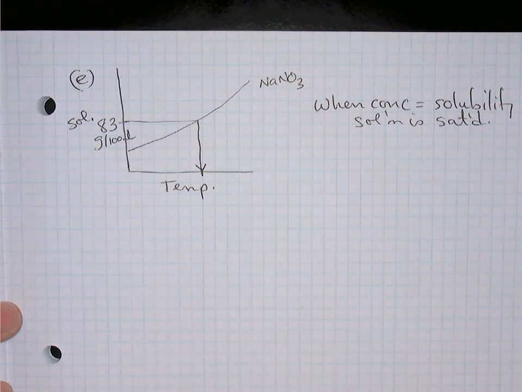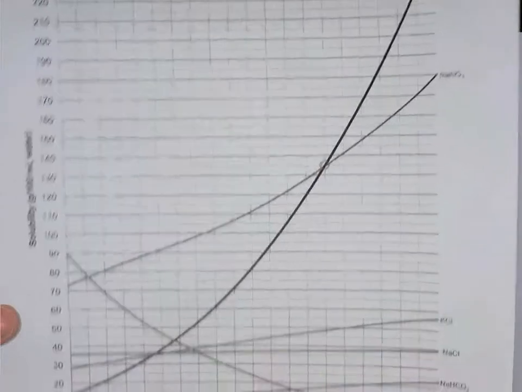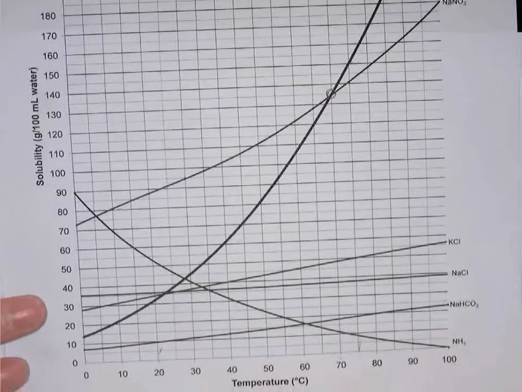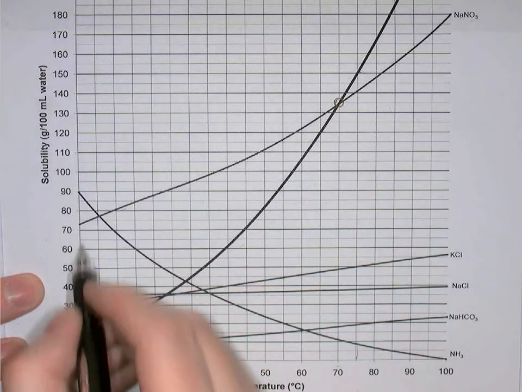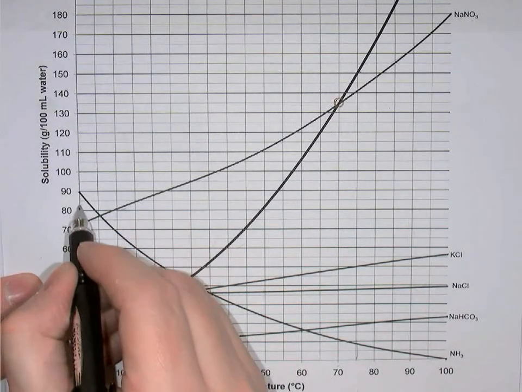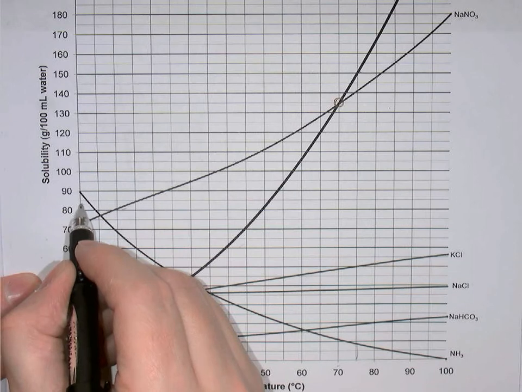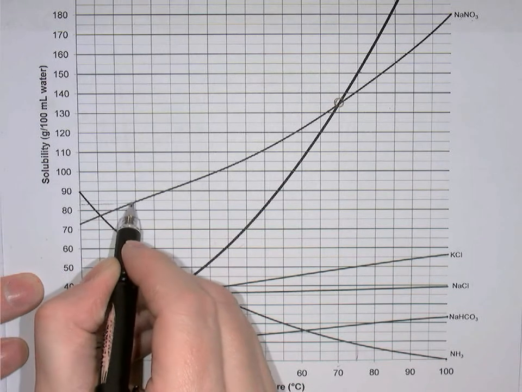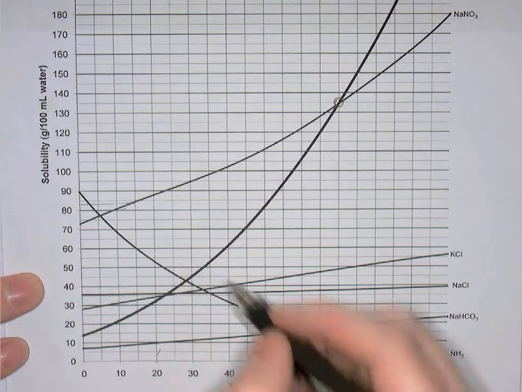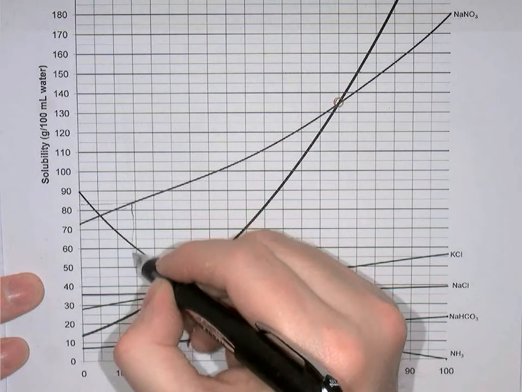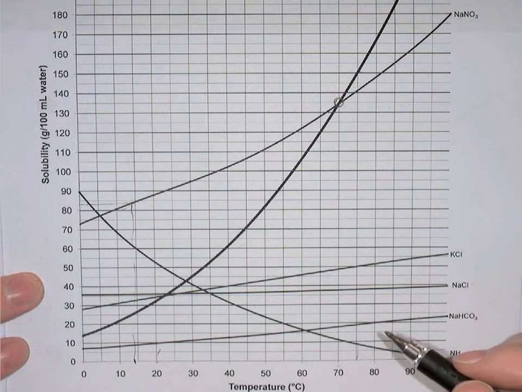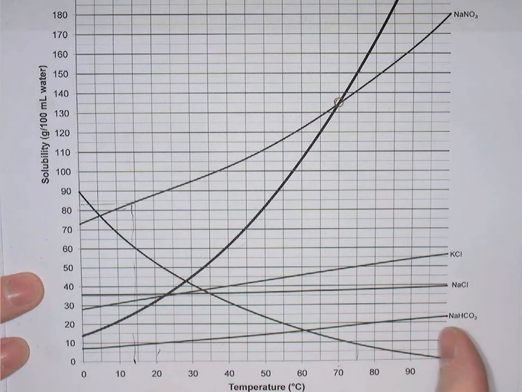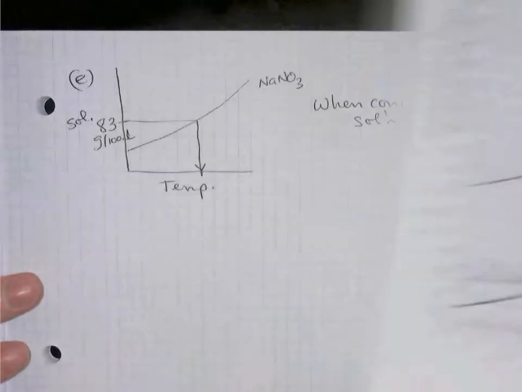Okay, so we remember that the student started at 80 degrees Celsius. So now here's my graph. I'll find 83. So here's 80, 85, here's 83. I'm going to go straight over to the sodium nitrate curve, which is about right there, and then straight down to the x-axis, and I'm going to be between 10 and 15 degrees, slightly closer to 15, so I'll say 13 or 14 degrees Celsius.